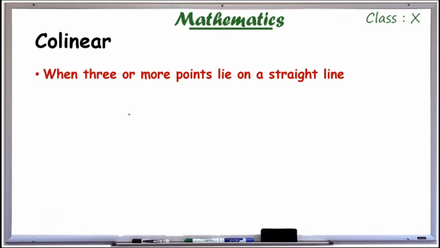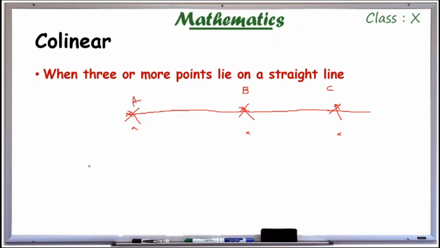For example, we have 3 points here, A, B, C. So it lies in a straight line. Consider this as a straight line. So 1, 2, 3, A, B, C. These 3 points are in a straight line. The 3 points are in the same line, which means they are collinear.